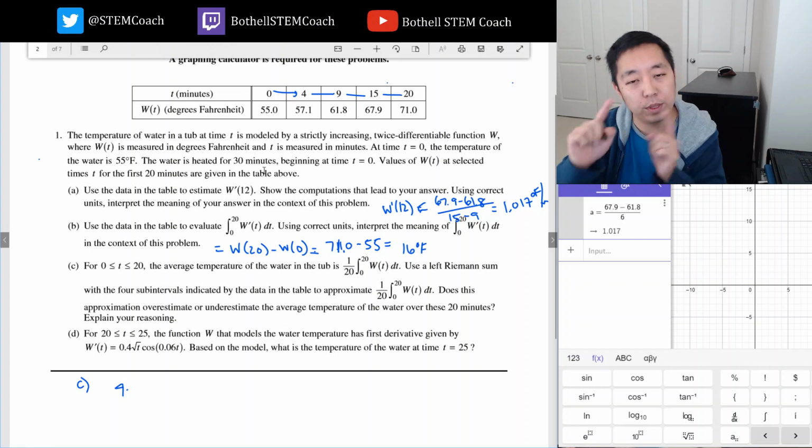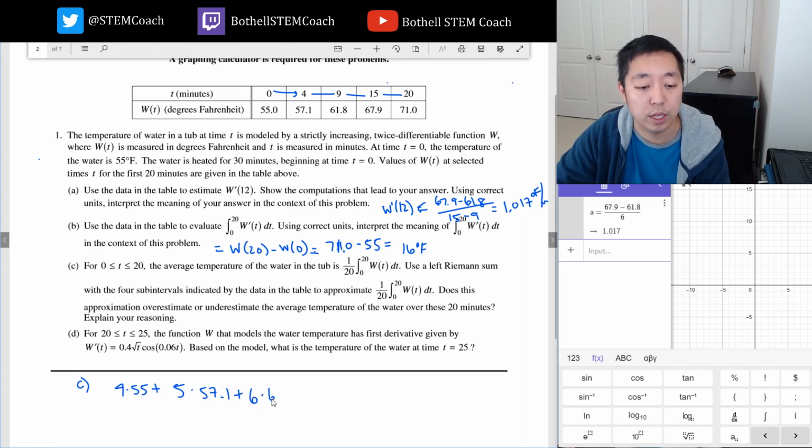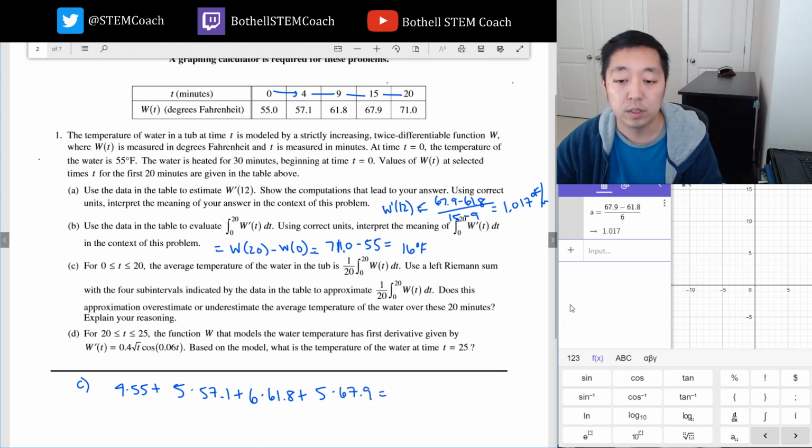Remember, you think of it as rectangles. The width of this rectangle is 4, and the height is the left point, which is 55. Plus the width of this interval, 5, times the height at the left point, 57.1, plus the width of this interval, 6, times the left point 61.8, plus the width of this interval, 5, times the left height, 67.9.